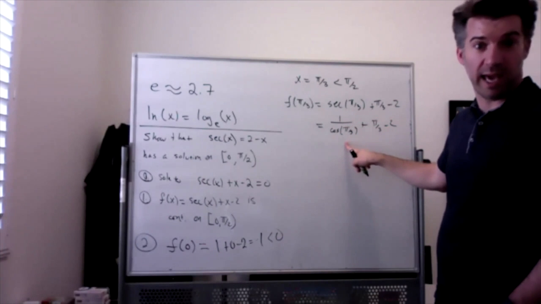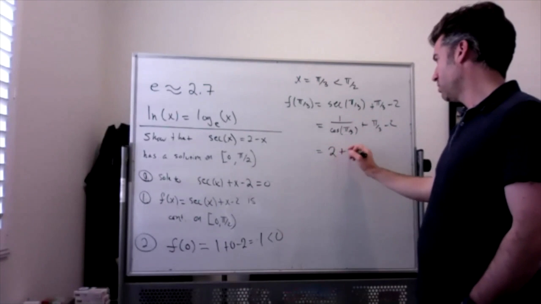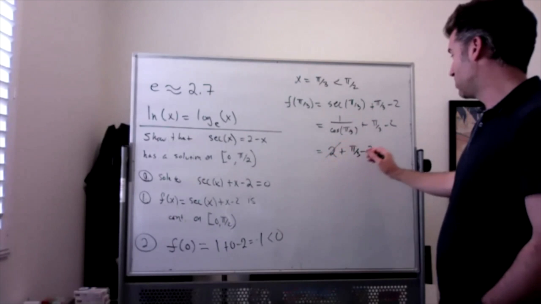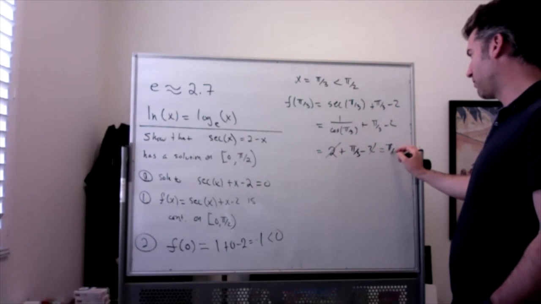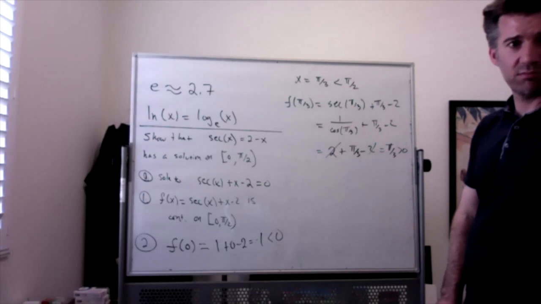Cosine of pi over 3 is 1/2. 1 over 1/2 is 2. So I get 2 plus pi over 3 minus 2. And lucky us, the 2's cancel, and we just get pi over 3, which is definitely greater than 0. That worked out.